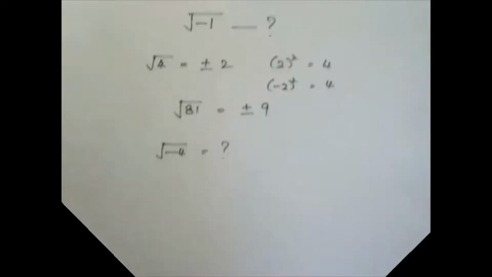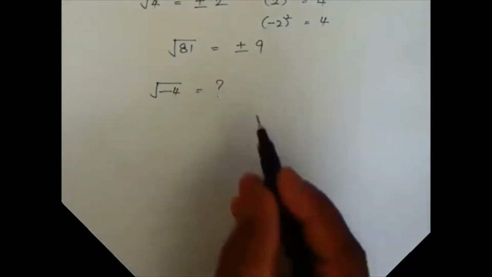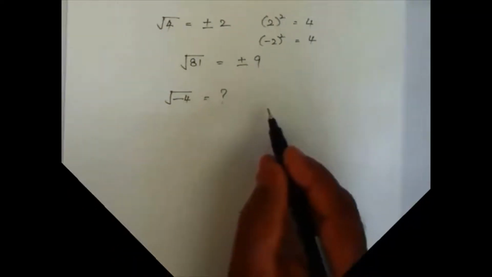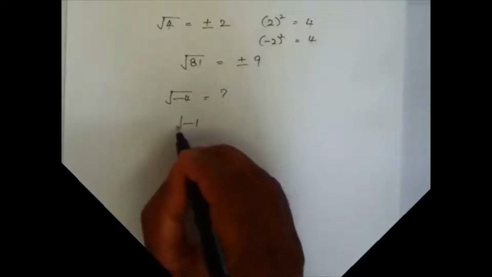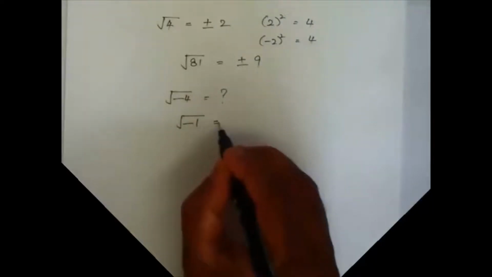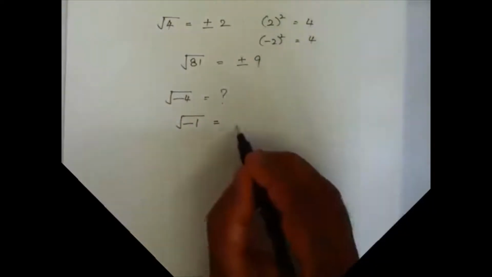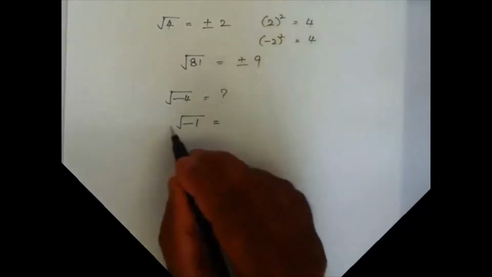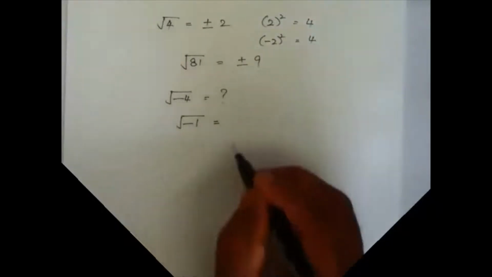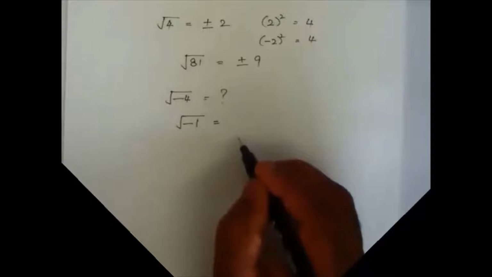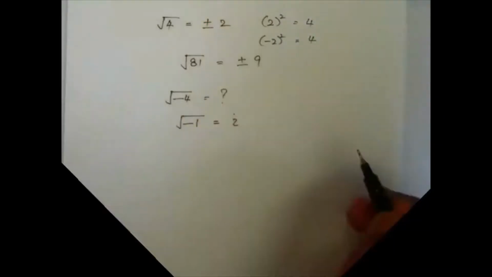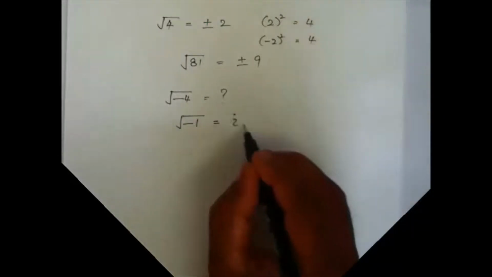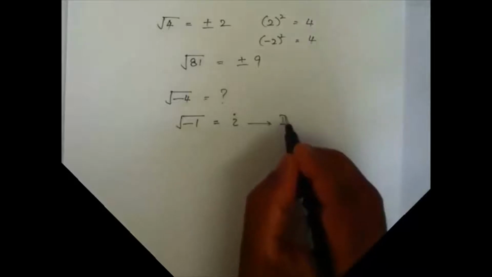So what we do is, we first define what the square root of -1 is. Now this is not a real number, so we call it an imaginary number. And when we started complex numbers, we said that is equal to i, denoting that it is imaginary.